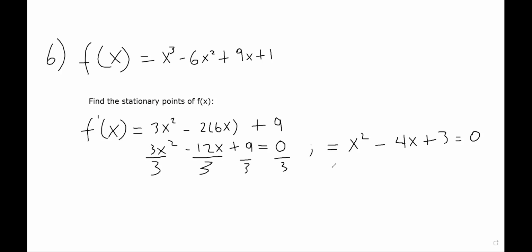We realize that we can use 3 and 1, but not just any 3 and 1, but -3 and -1. Because when you multiply -3 by -1, it'll give us back the 3. And when you have -3 minus 1, it will give us back -4, right? So those are the two values that we'll be using in order to find our x values.